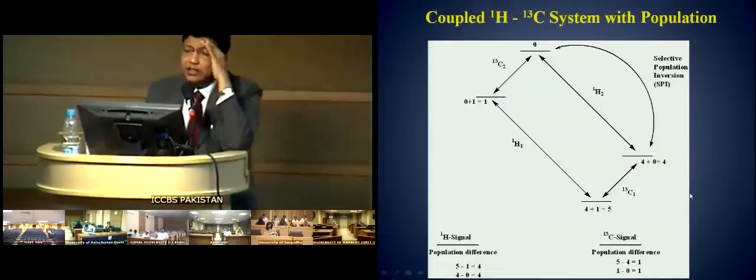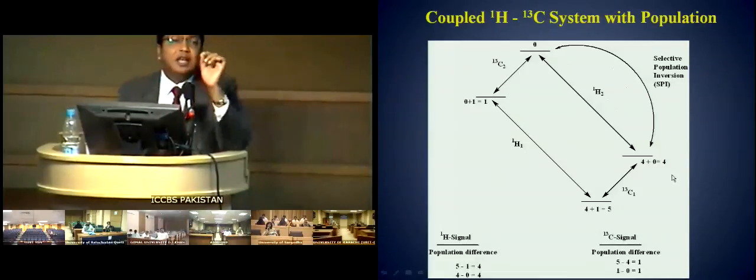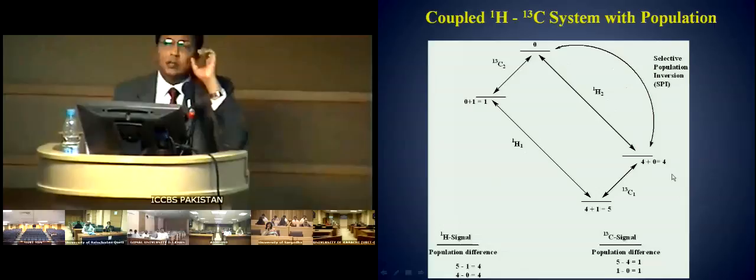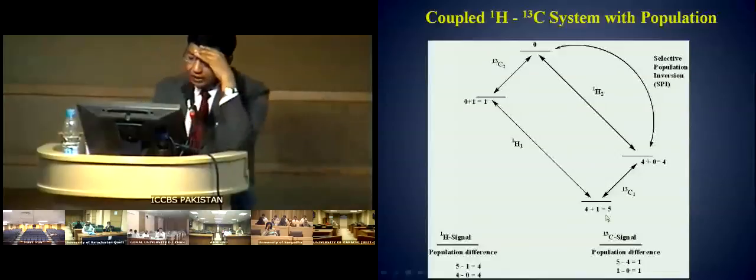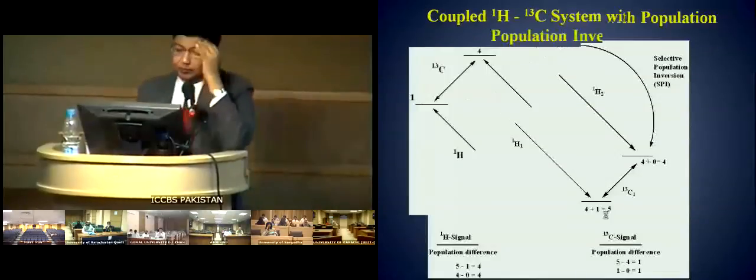Although this is a selective population inversion on a proton level, since they all share the energy levels, the population difference of carbon would also be affected. And what it would eventually be is like this.